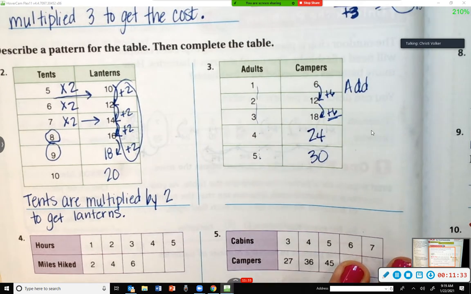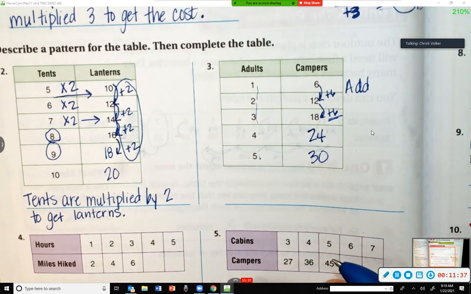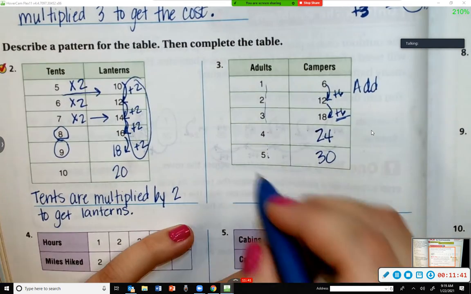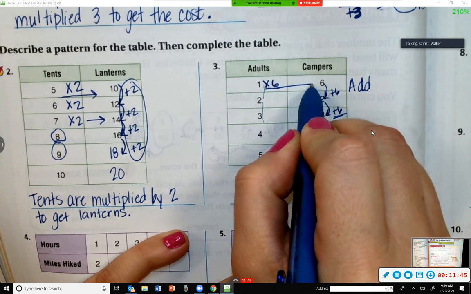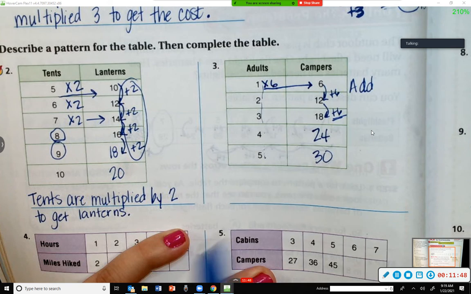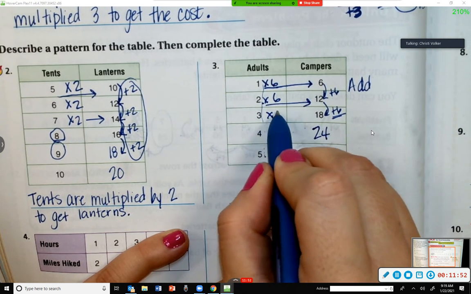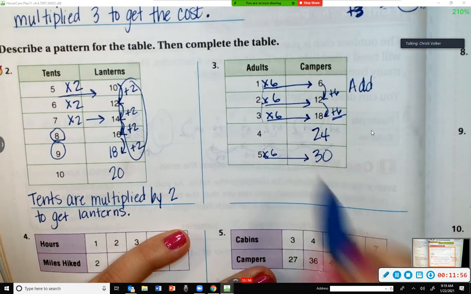Now, for the multiplication pattern, what would it be? Kelsey? Adults are multiplied by 6 to get campers. Very good. We're going to multiply the number of adults times 6 to get the number of campers. Because 2 times 6 is 12, 3 times 6 is 18, and so on. 5 times 6 is 30.